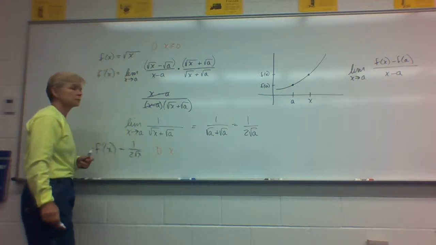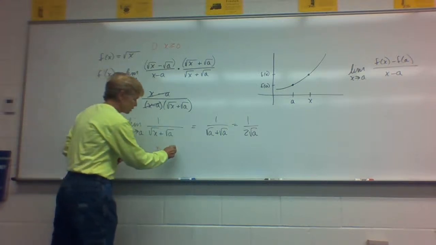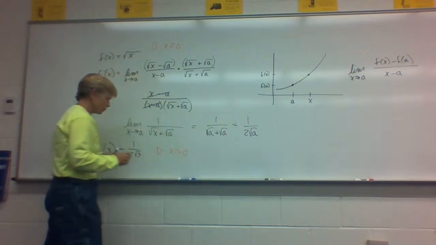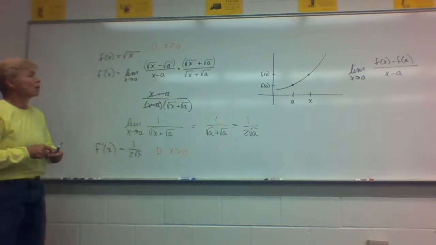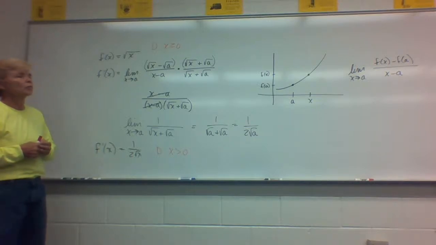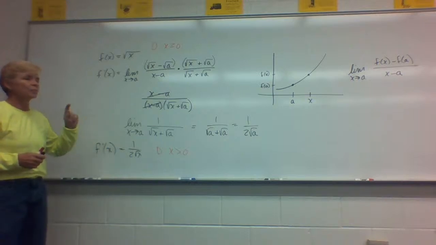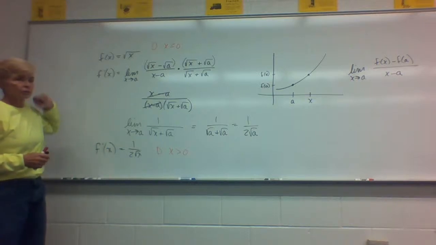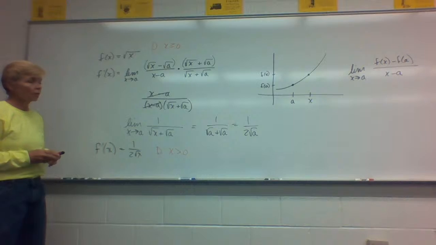Not including 0. Strictly greater than 0. So the domain of the derivative is slightly smaller than the domain of the original function. That can never be reversed. Quite often their domains will be the same, but the derivative's domain cannot be bigger than the original function's domain. It can be smaller. That's like no slope at 0.